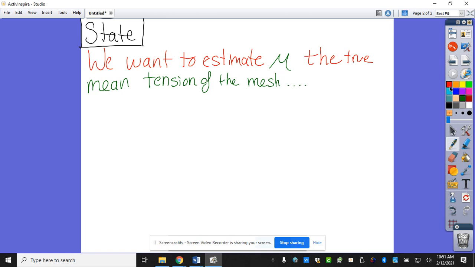But I want to be very clear that it is on this day, because our population is always the ones who could have been selected. The ones that could have been selected are the ones from just that day. And then how does it end? With 90% confidence.